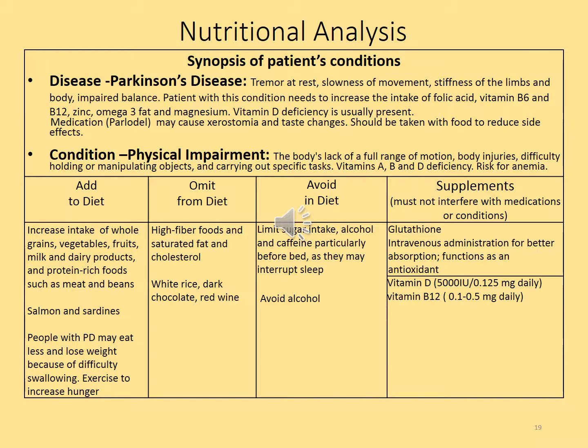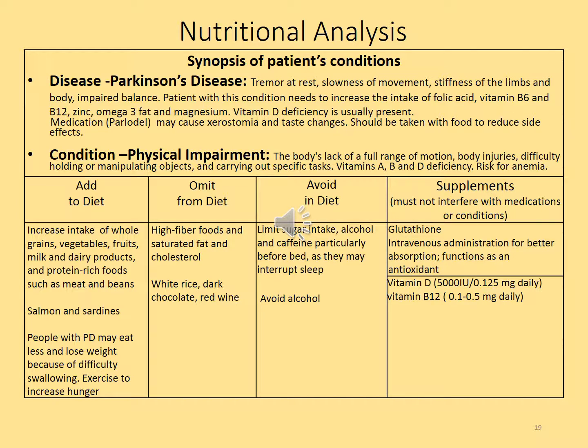Patients with this condition need to increase the intake of folic acid, vitamin B6 and B12, zinc, omega-3 fat, and magnesium. Vitamin D deficiency is usually present. Medication: Parlodel, may cause xerostomia and taste changes. Should be taken with food to reduce side effects.